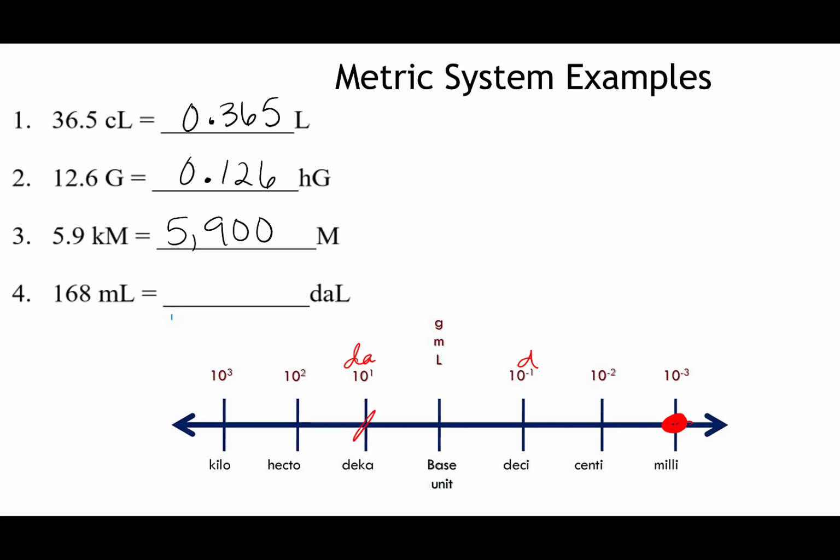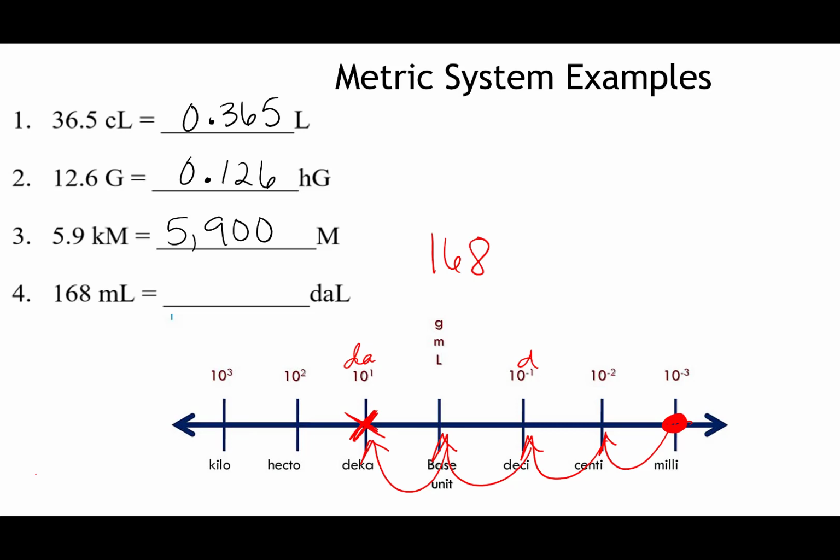And so we want to go all the way here to deca. So let's start counting. 1 to the left, 2 to the left, 3 to the left, 4 to the left. And so this number, 168 milliliters, we are going to move the decimal 4 places to the left.